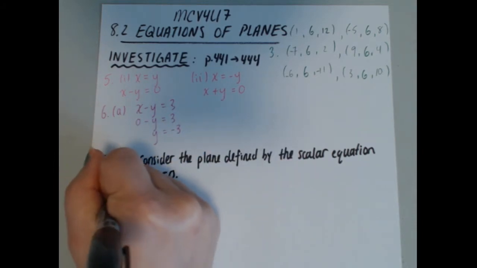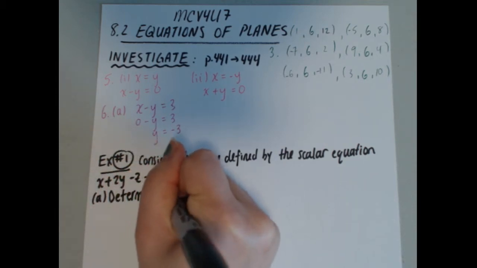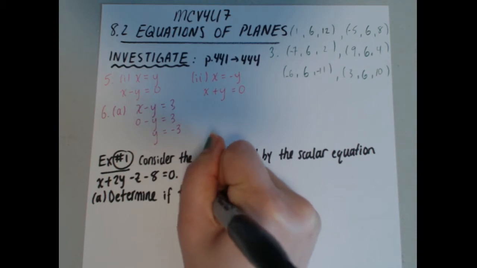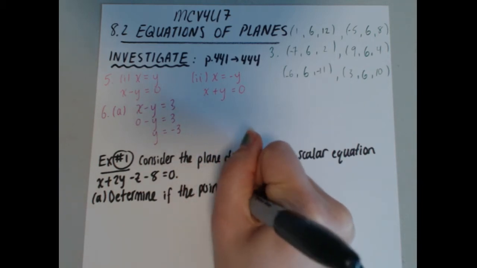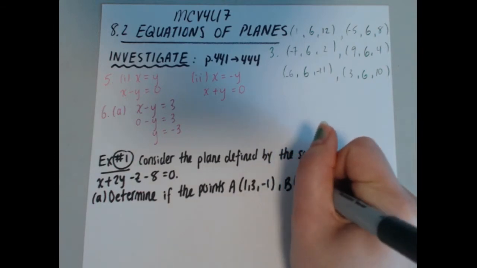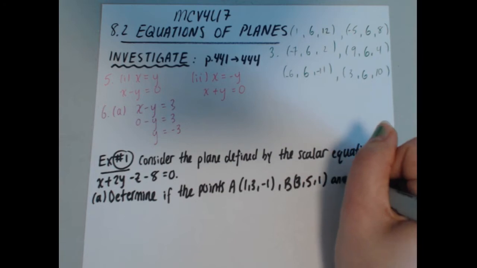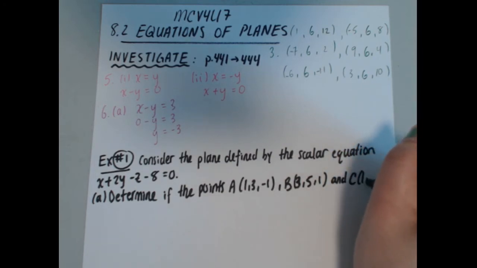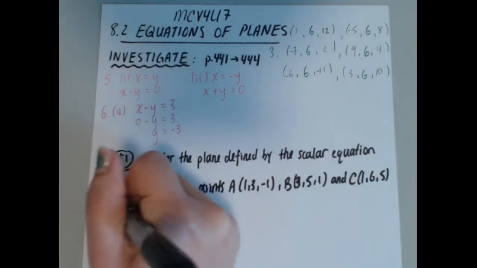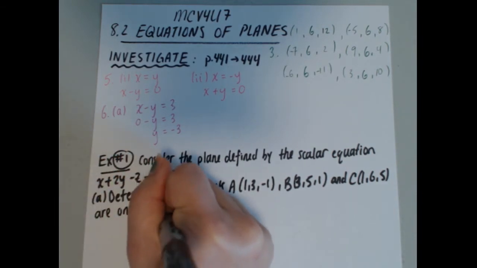So for part A, determine if the points A (1, 3, -1), B (3, 5, 1), and C (1, 6, 5) are on the plane.